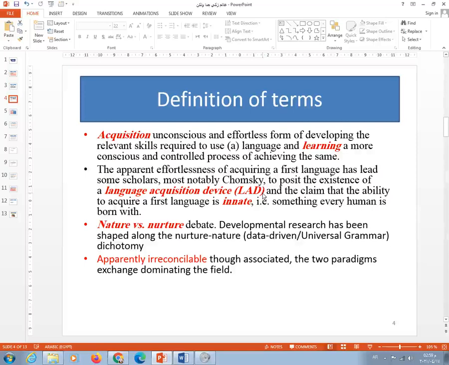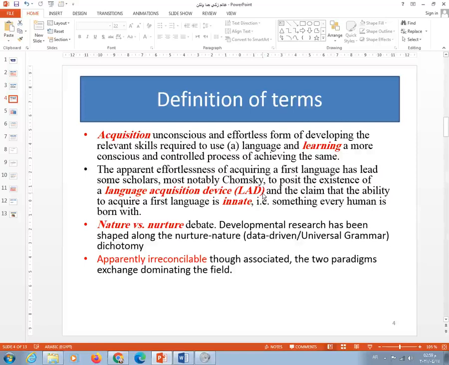It's something that we are born with, and language is an organ in our body, like any body organ, and it matures and grows. He considers that language is part of our biology and part of our psychology.